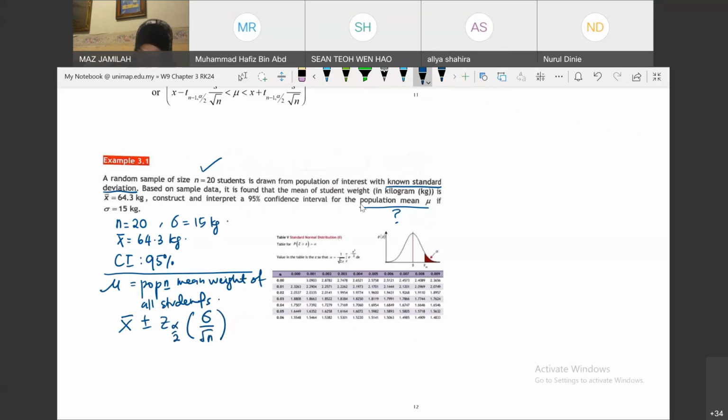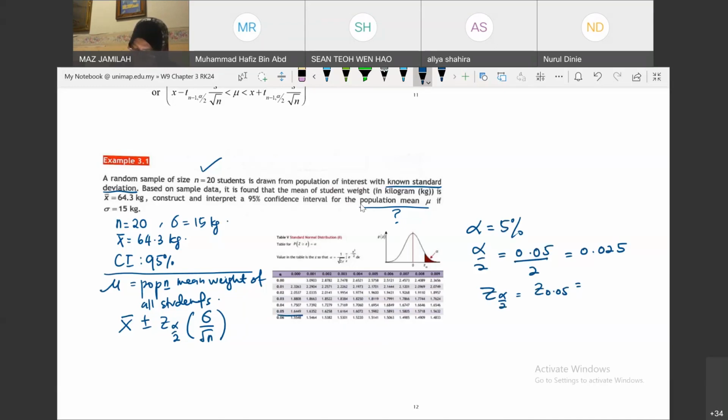What is your z alpha over 2? Given alpha is 5%, alpha over 2 is 0.05 divided by 2, which is 0.025.